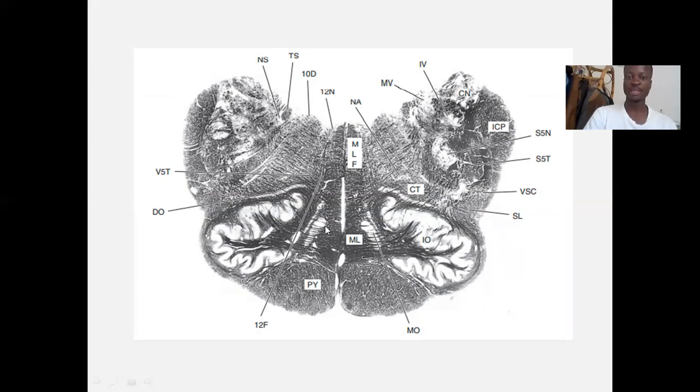This is the medial lemniscus, right? This is the medial longitudinal fasciculus. Then this is the inferior olivary nucleus, the main one, or you can say the inferior olivary complex if you may want to call it. This is the inferior cerebellar peduncle. In this region you'd expect to see the spinal lemniscus, right.